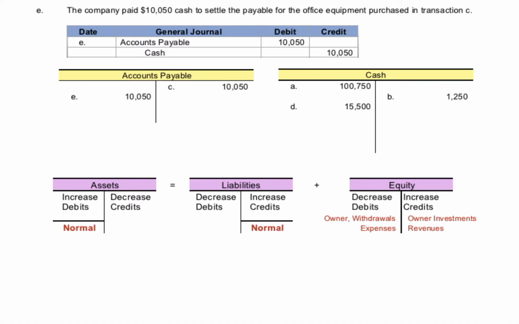That's why liabilities normally carry a credit balance. It's hard to have negative liabilities, and when we do, we don't actually call it that. We don't have negative money we owe someone else; they owe us money. So if you ever have a negative balance in a liability account, something probably went wrong.